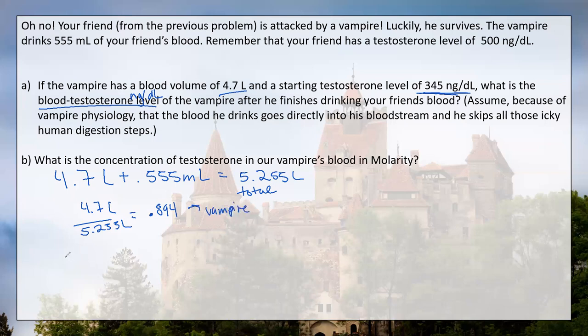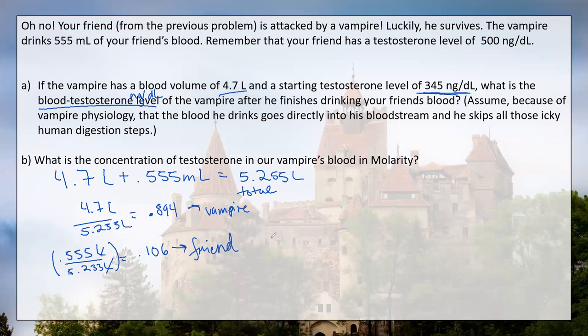And then your friend, this much of his blood, 0.555 liters, is currently in the vampire. So about 10%, 0.106, belonged to your friend.